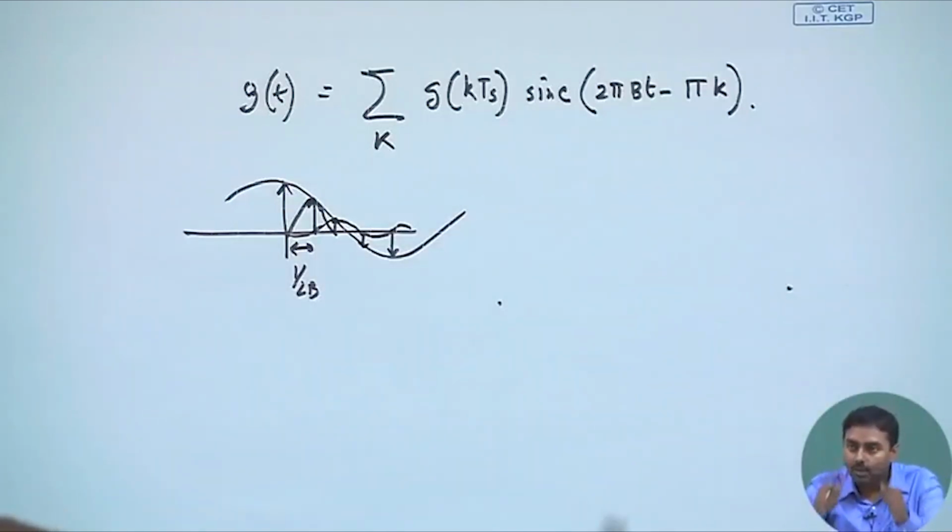So, basically at 1 by 2b they go to 0. So, if you just put those sinc functions one after another, they will reconstruct the signal. So, basically what happens, we have understood now that a signal is nothing but you take those samples and put a sinc function over there, okay.